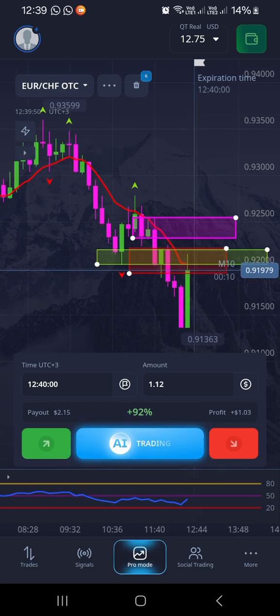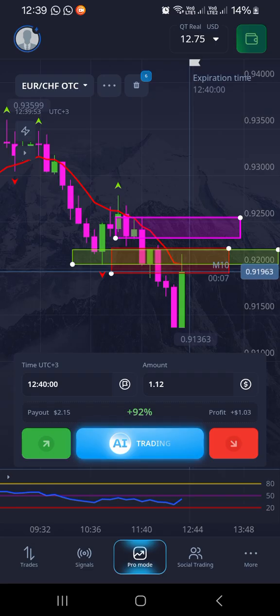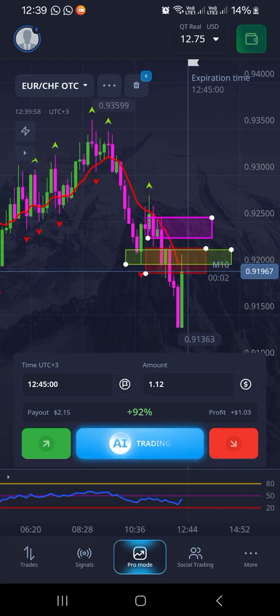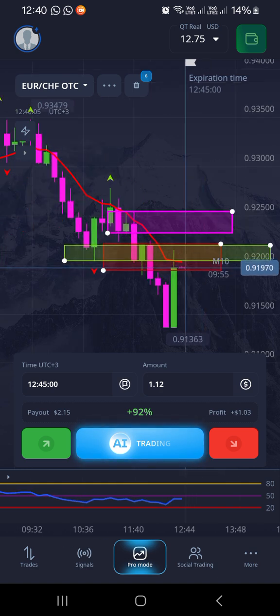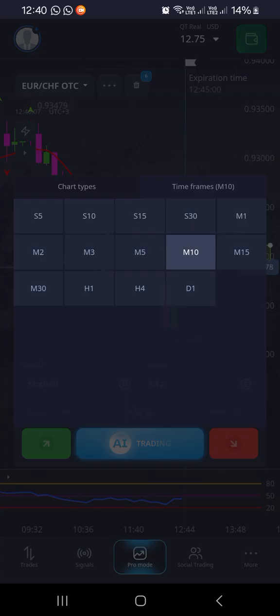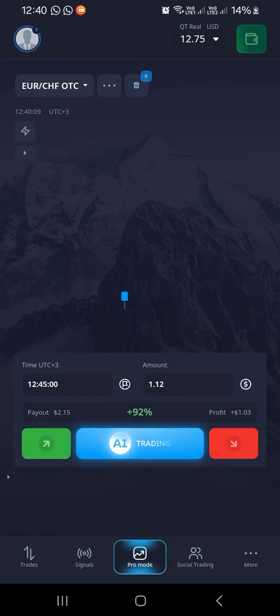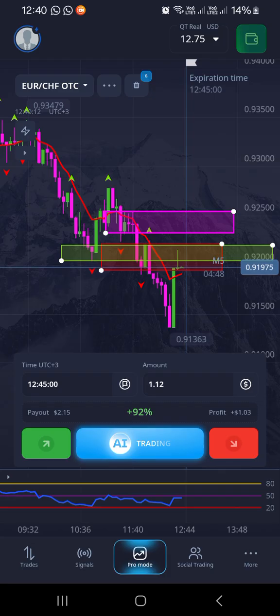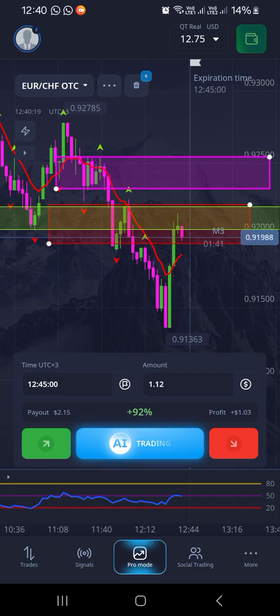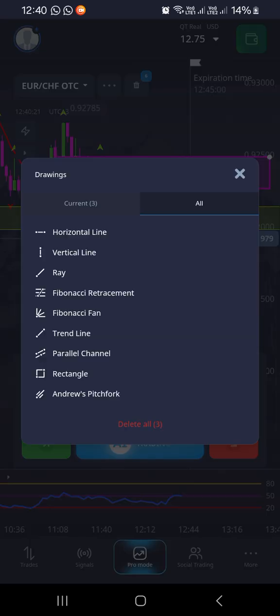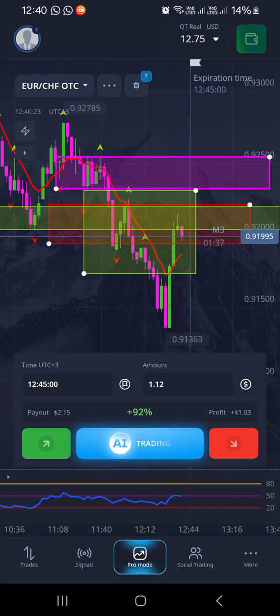After marking here, as in 10 minutes, then we'll come to 5 minutes, guys. Then we'll come to maybe 3 minutes, guys, to continue refining our entry. So in 3 minutes, this is our entry.